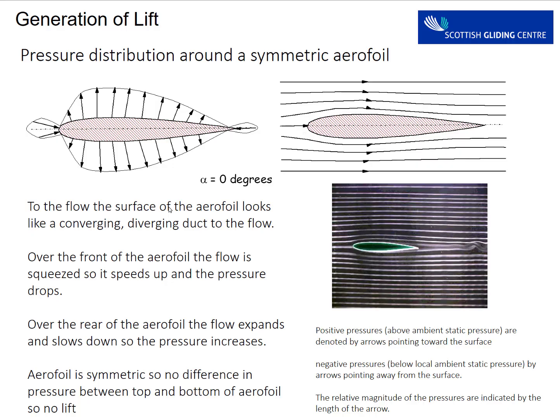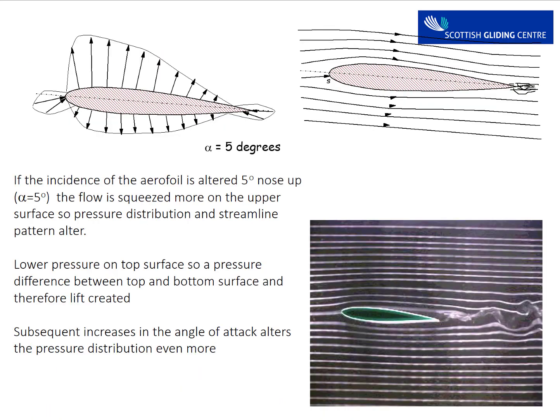So how do I generate a lift force on a symmetric wing? Well, what I do is I change the angle it makes with the free stream. When I change the angle, or change the angle of attack, what the wind sees is essentially a little bit of a reduction in the area through which the fluid can travel, and therefore the flow over the top surface is being squeezed, and we can see that because the streamlines become closer together.